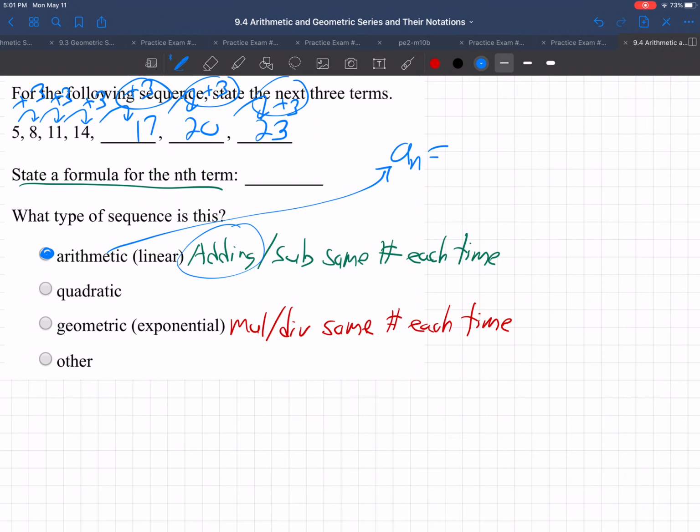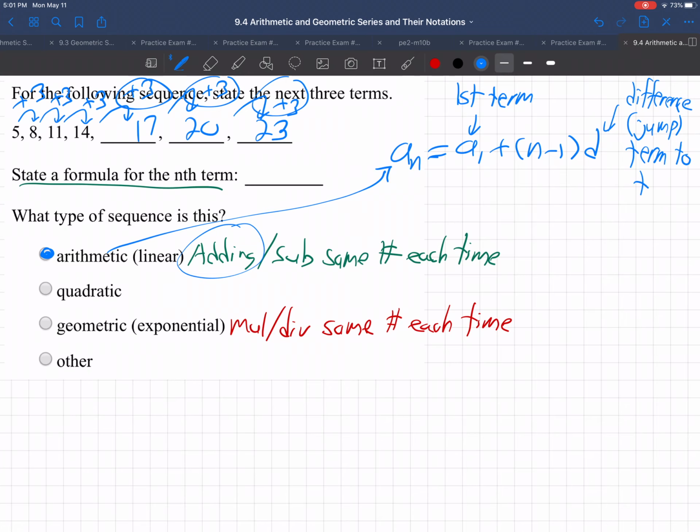A sub n equals a sub 1 plus n minus 1 times d, where this a sub 1 is the first term, d stands for the difference or the jump from term to term, and n is the term number.